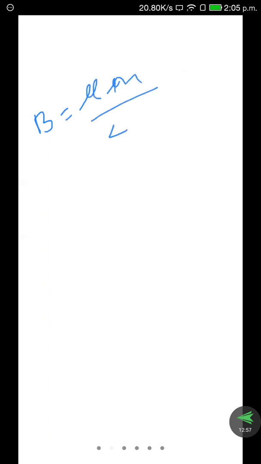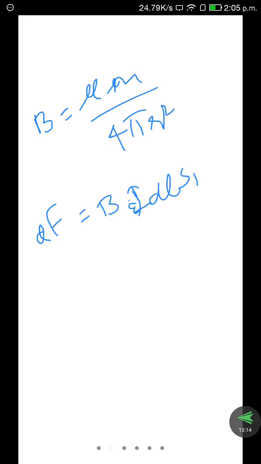So instead of that we write B, M by 4 pi r square. So this value we have: dF is equal to B into I into dl sin theta.